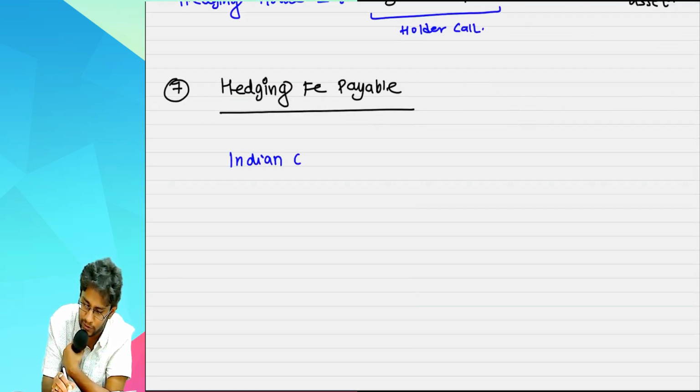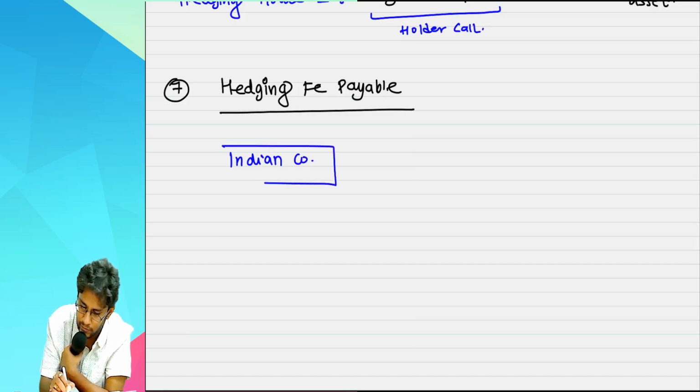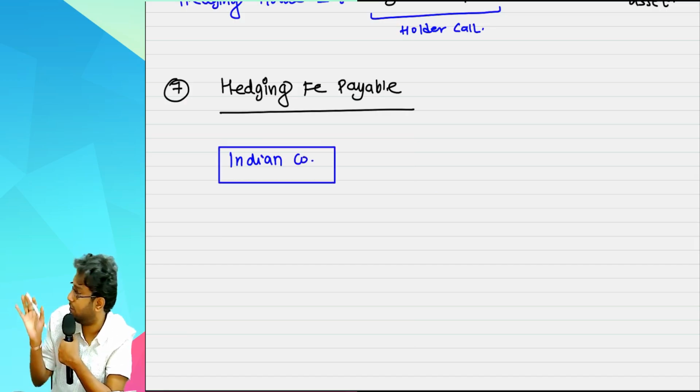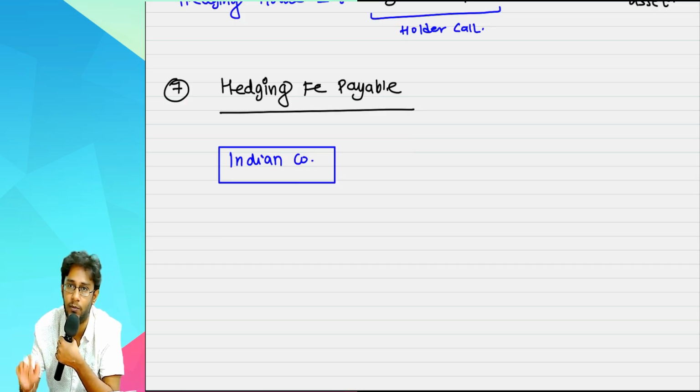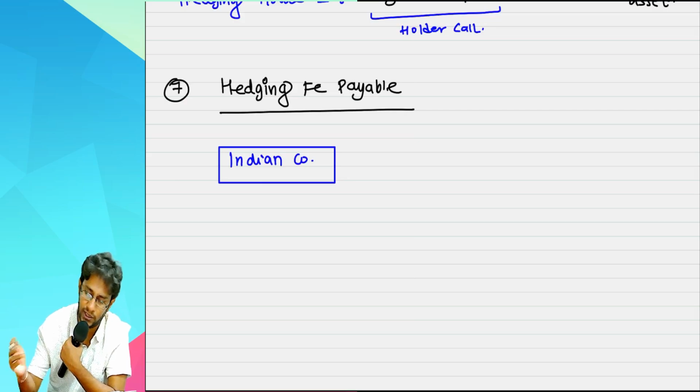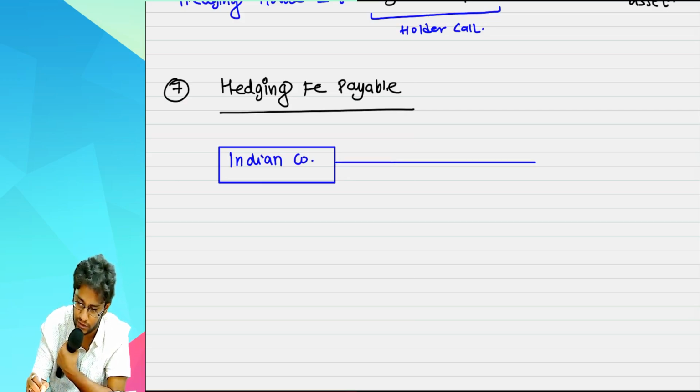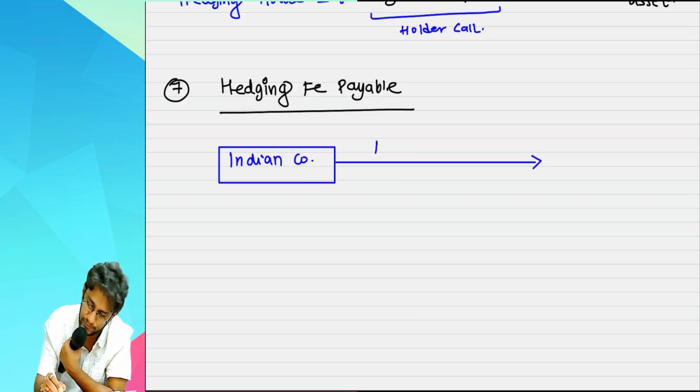Example, an Indian company will not be there. So it is only for base setting up. Questions will be for a UK company, Europe company, having pound receivable, those types of questions you will find. But if I start with that today, the problem will come in your base setting.